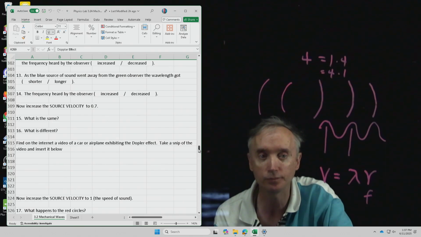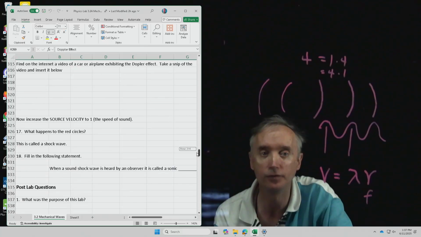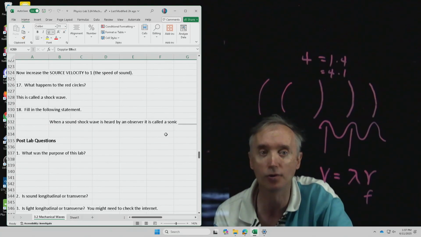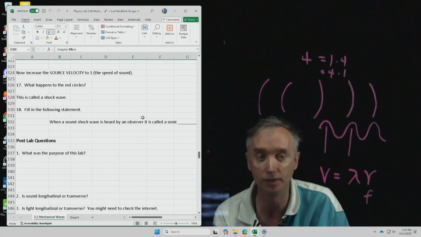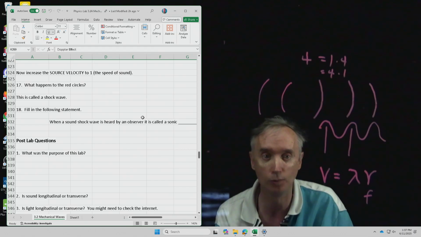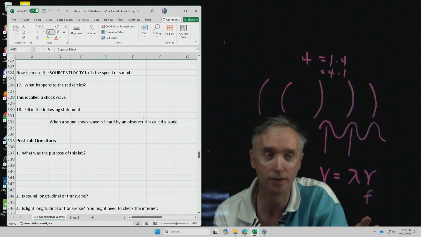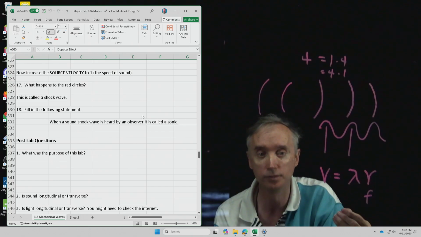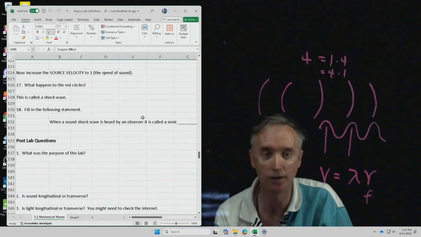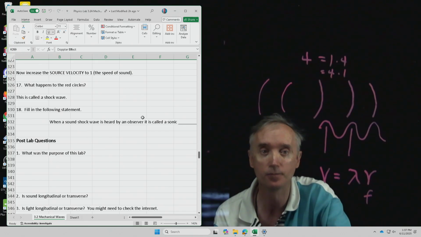Now you might be wondering what would happen if the speed is greater than the speed of sound. We went from 0.3 to 0.7, but now we want to go to 1. One times the speed of sound is the speed of sound.